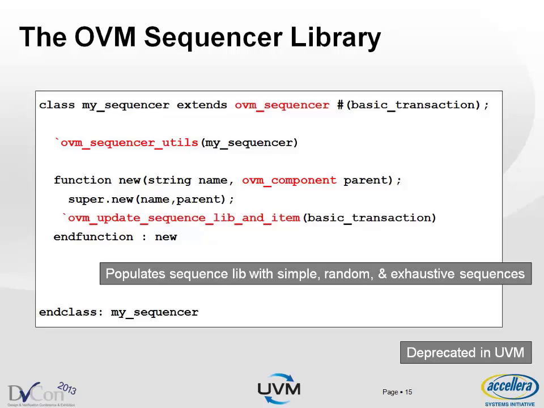So OVM had macros like OVM sequencer utils, and OVM sequencer utils populates your sequencer with an initial bunch of sequences, including simple and random and exhaustive sequence, and the random sequence runs by default, and the random sequence picks another sequence to run, but not the random sequence or the exhaustive sequence, which only leaves the simple sequence.